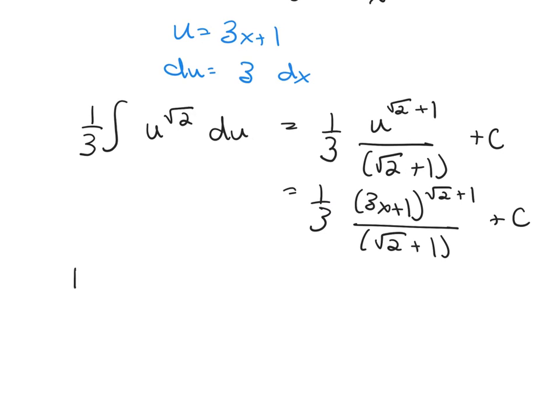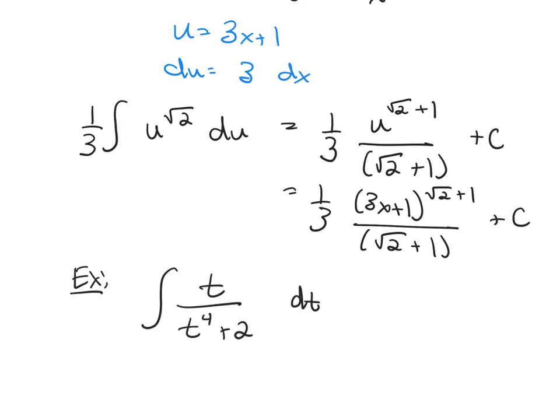So let's say I want to integrate t over t to the 4th plus 2 dt. I can't simplify anything.